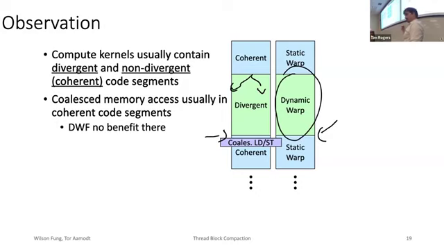I have a bunch of warps executing in the system. To repack everything back to their original static position, I want to do it at the immediate post dominators. How will I do that? Yeah. You need some kind of synchronization. Okay. You need to wait for all the warps to get there. So that way you can get all those threads at the same position and then repack them.